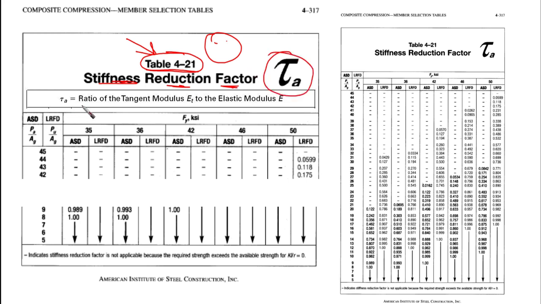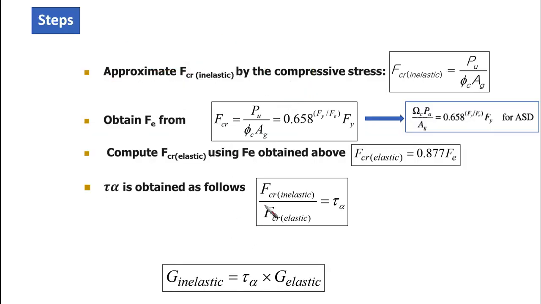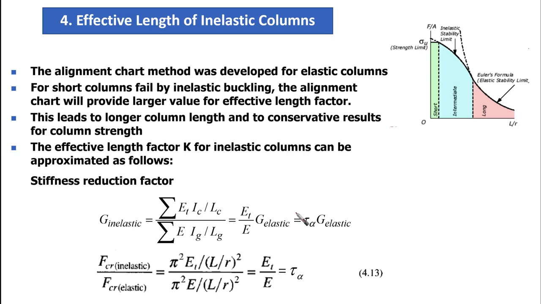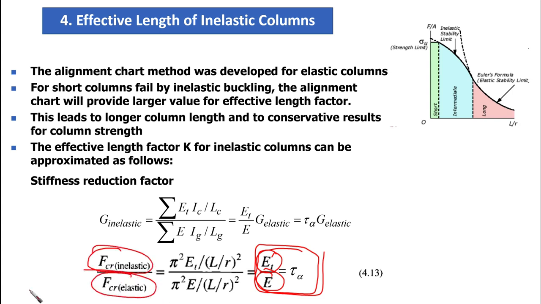And this is the meaning of tau alpha. It is the ratio of the tangent modulus Et to the elastic modulus E, as we have explained many times before, or Fcr inelastic over Fcr elastic.